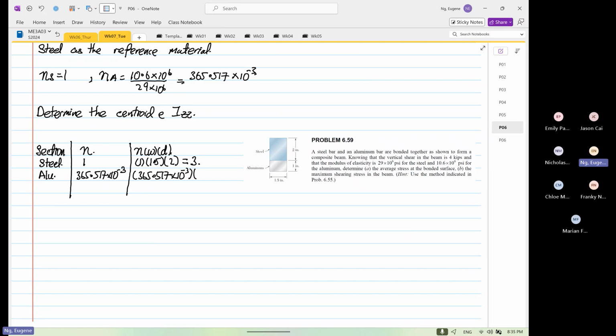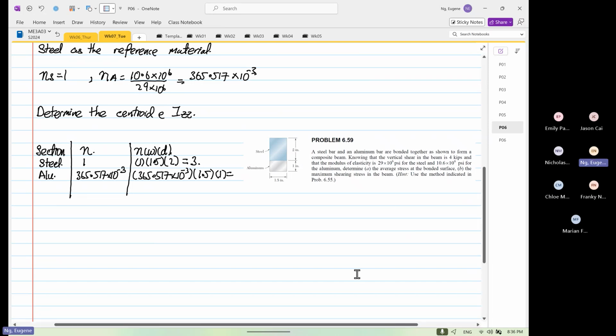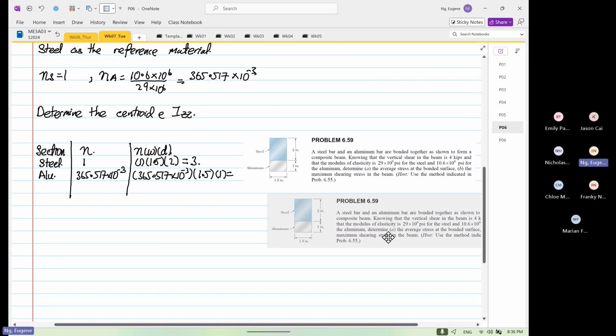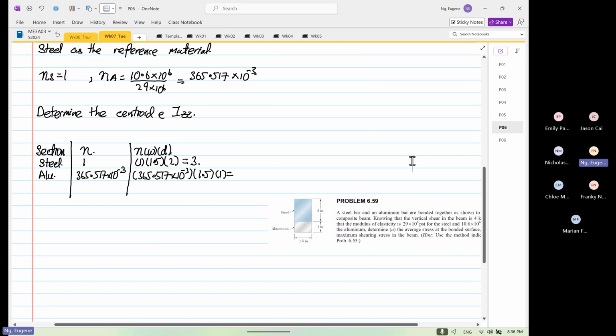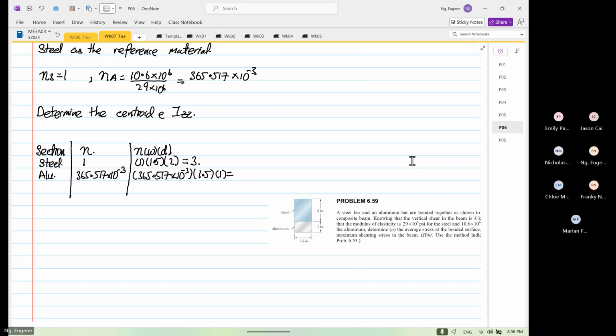The width is 1.5, and the depth now is 1. So this will become 365.517 times 10 to the power minus 3, so it's 548.276.